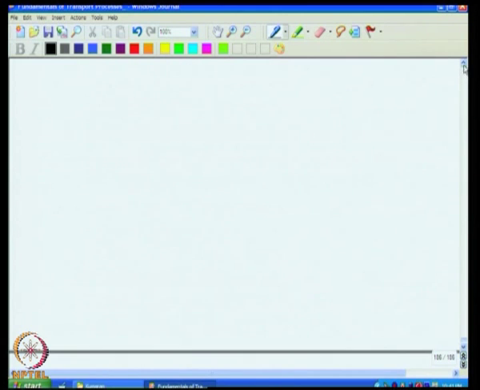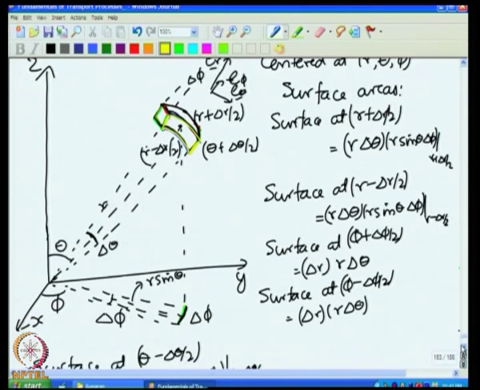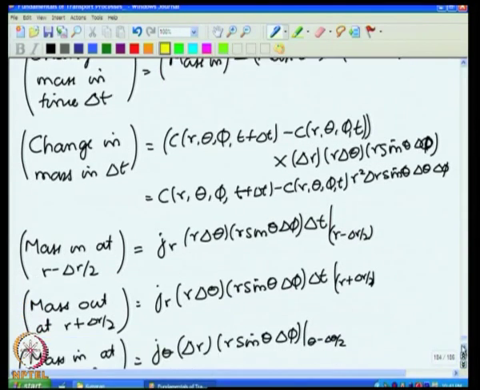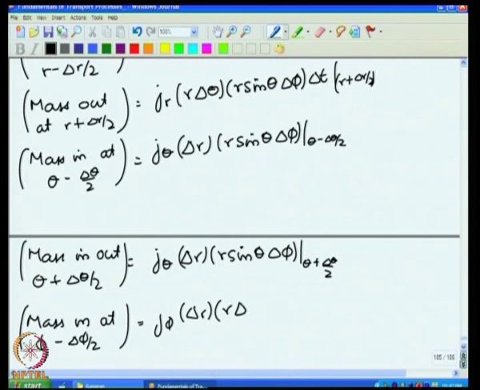Okay. And then I have two surfaces in the phi direction. That is the front and the back surfaces here. This surface and the surface at the rear. So, for this, the flux is given by, mass in at phi minus delta phi by 2 is equal to J phi times delta r times r delta theta.